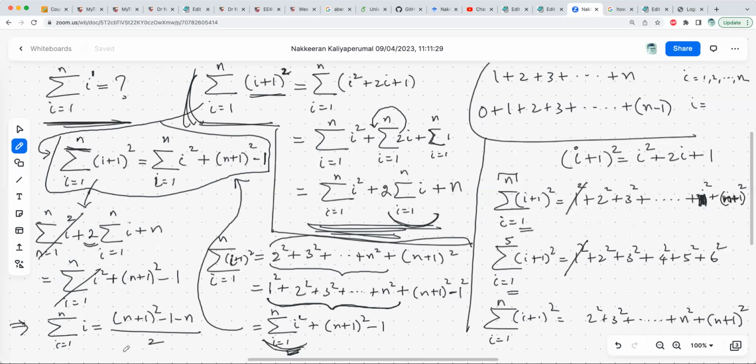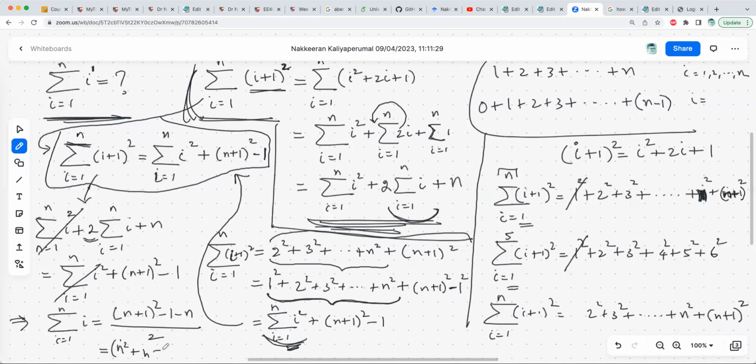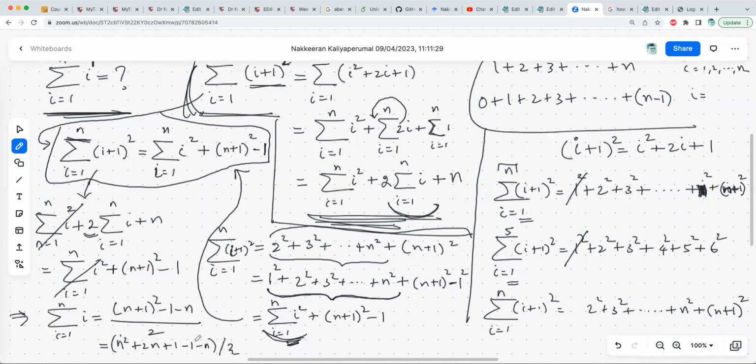Okay, so now just expand this. This will be n squared plus 2n plus 1, minus 1, minus n, divided by 2. The plus 1 and minus 1 will cancel, and with one of the n's, this will look like n squared plus n. Now we have proved it, right? So this will be n squared plus n, the whole thing divided by 2.